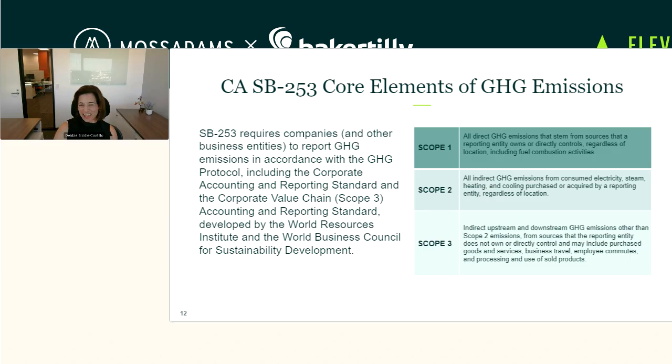There are 15 defined categories around Scope 3. Like I said, that one is a little tricky because we don't necessarily own the data or have access to the data. And so that is going to take some time to get our arms around if you haven't started down that path.